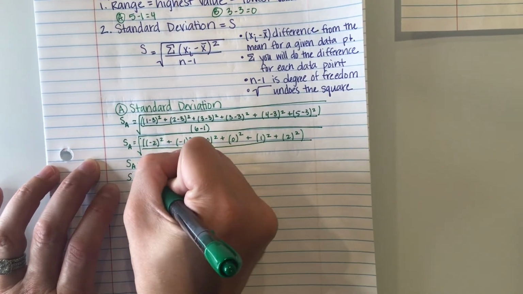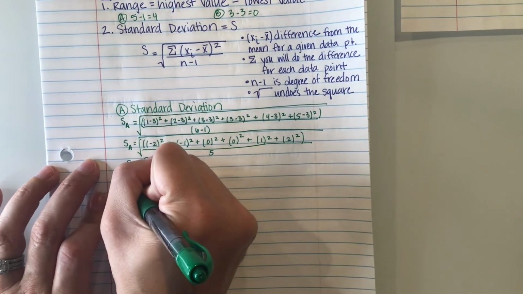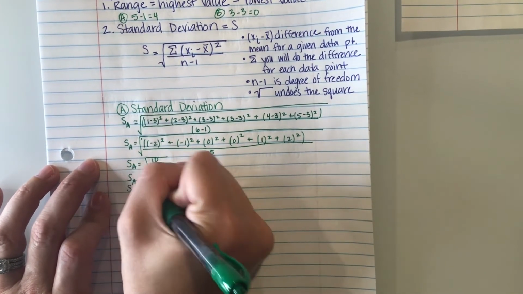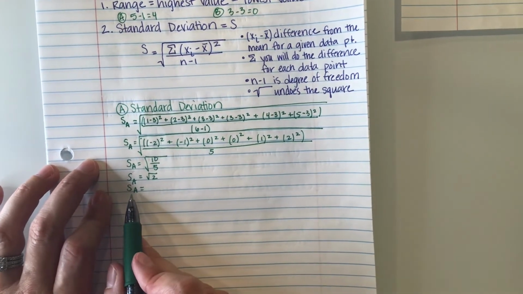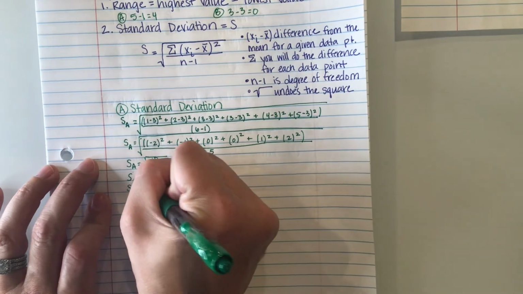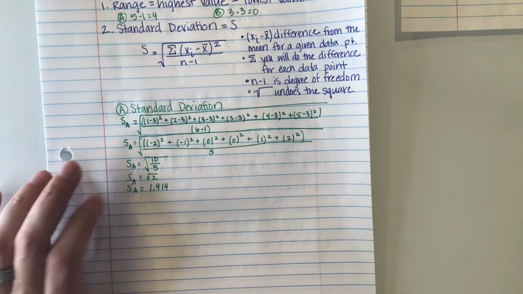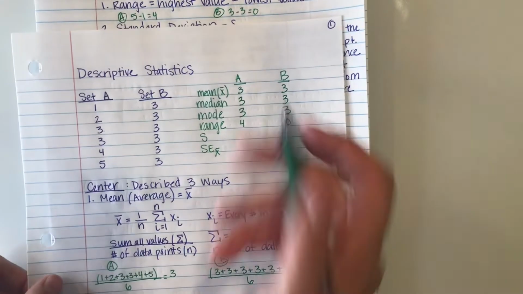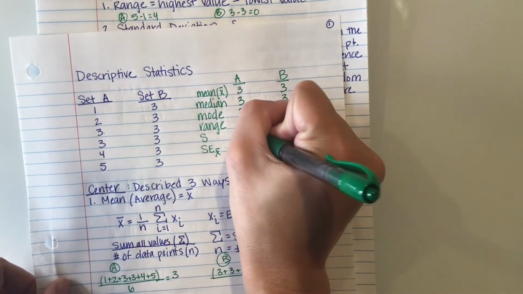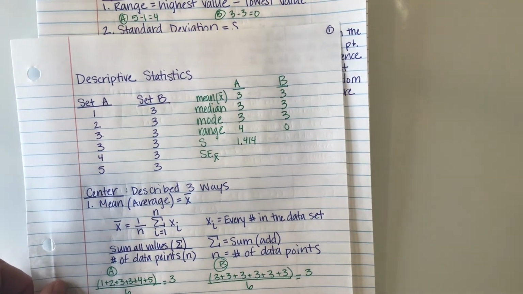It's the square root of 2, which when I do on my calculator gives me that the standard deviation of group A is 1.414. I'm going to go ahead and fill that in on my table. 1.414, just so I can compare in a little bit.